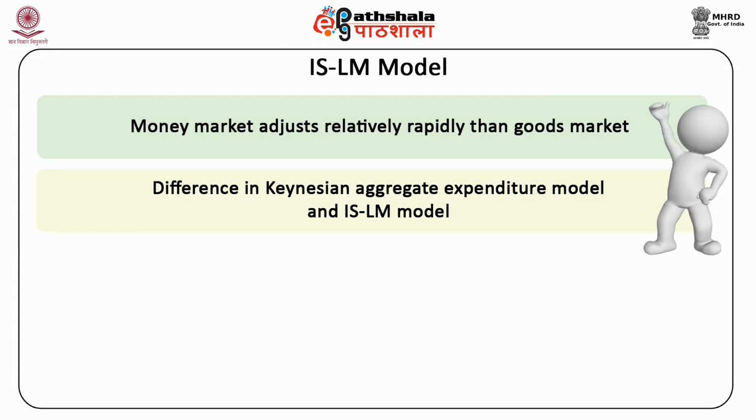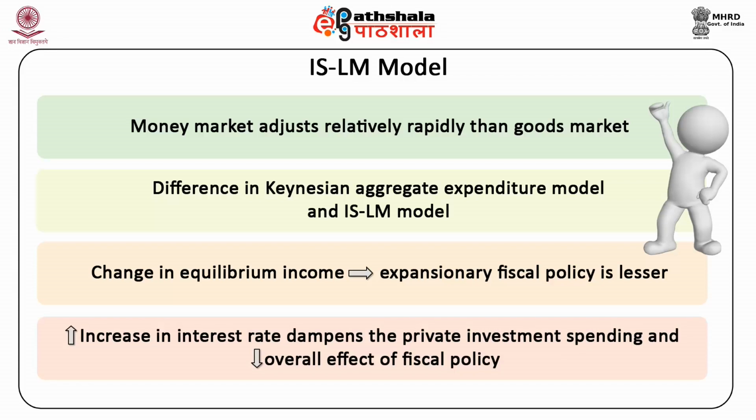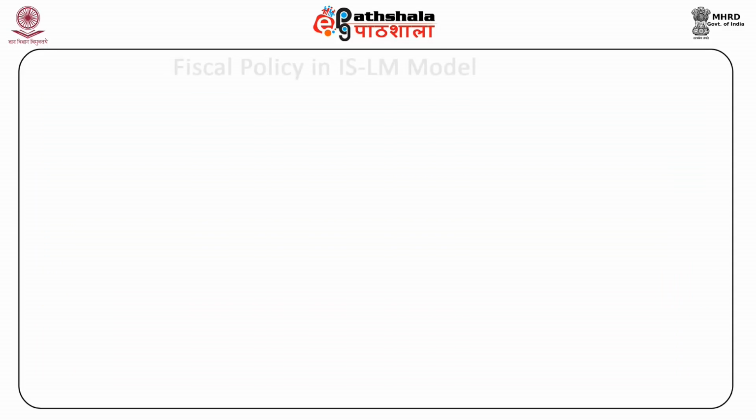An important difference in Keynesian aggregate expenditure model and ISLM model is that the change in equilibrium income as a result of expansionary fiscal policy is lesser. This is because an increase in interest rate dampens the private investment spending and reduces the overall effect of fiscal policy. Now, we will see the effect of fiscal policy in ISLM model.